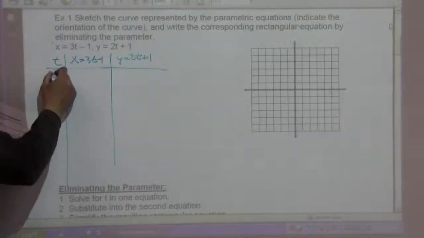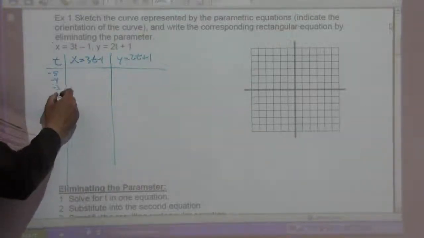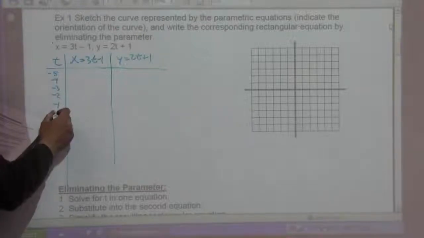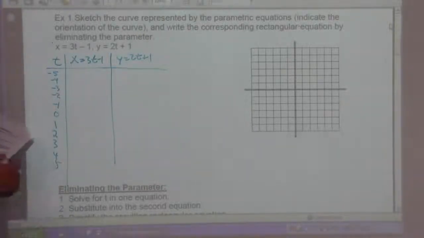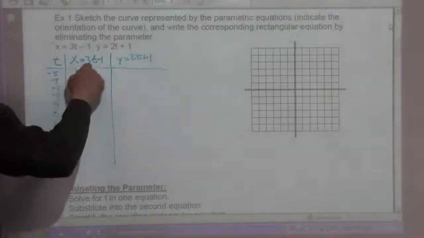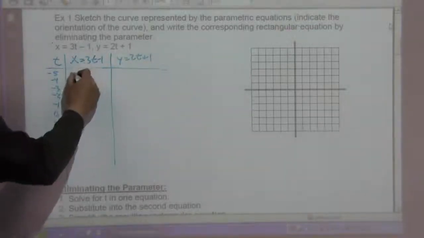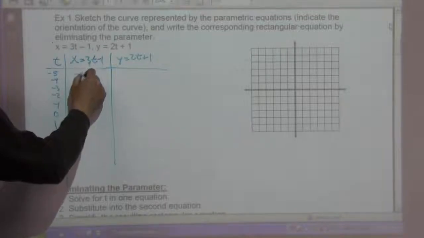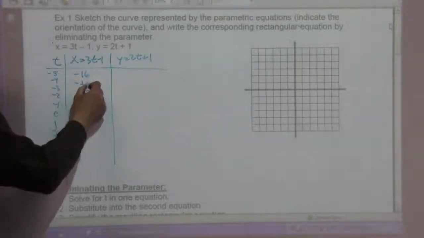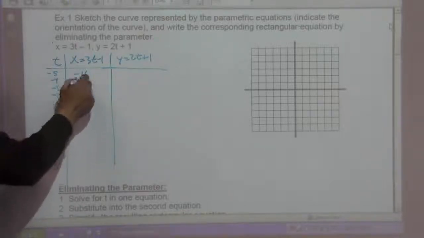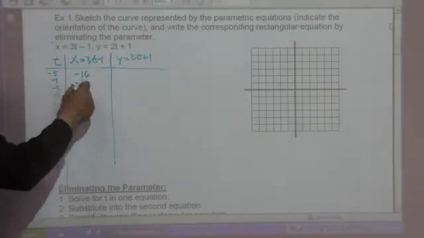So let's go negative 5, negative 4, negative 3, negative 2, negative 1, 0, 1, 2, 3, 4, 5. 3 times negative 5 minus 1 is negative 16. 3 times negative 4 is negative 12 minus 1 is negative 13. Do you start seeing a pattern yet? 3 times negative 3 is negative 9 minus 1 is negative 10.